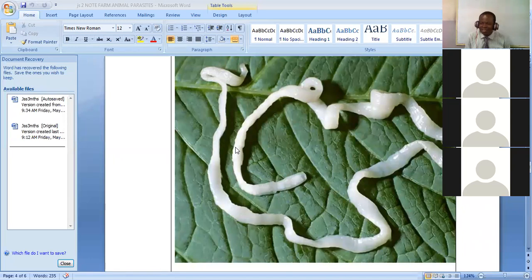Therefore, we call it tapeworm. Now, look at it. It also has segments. If you look at this place where my cursor is, there are many segments all around. So that is tapeworm. Are you following me?